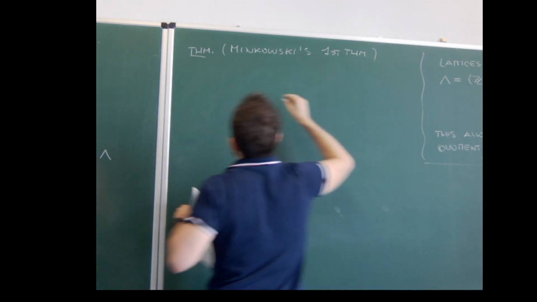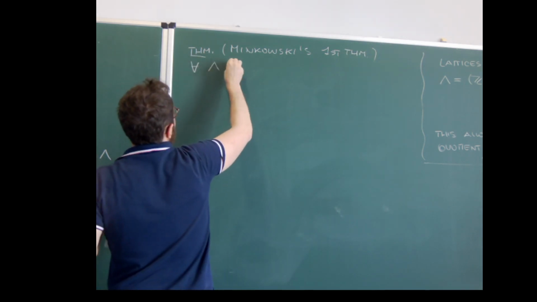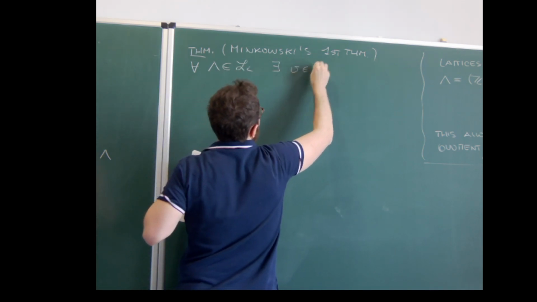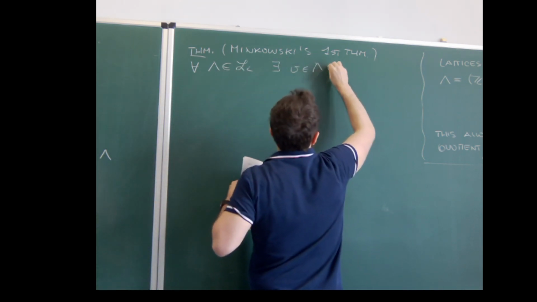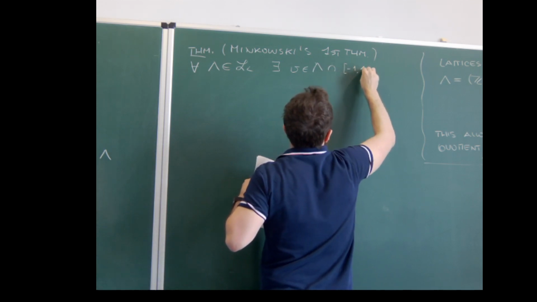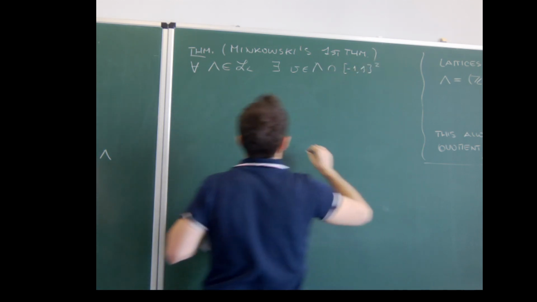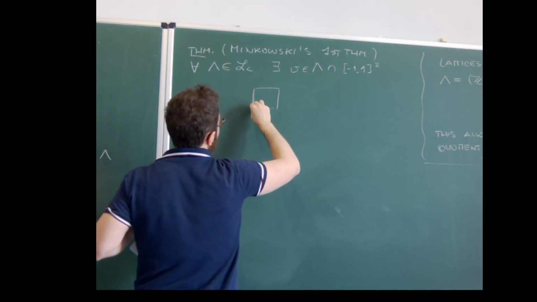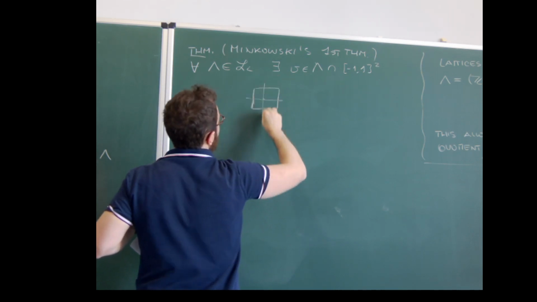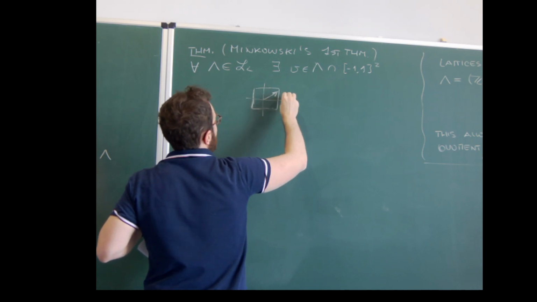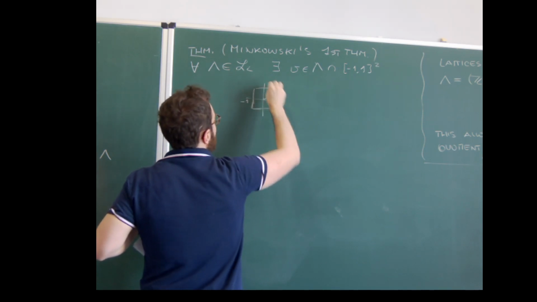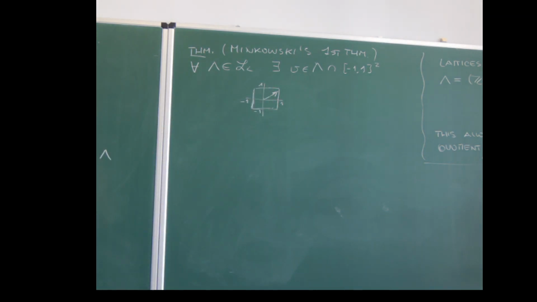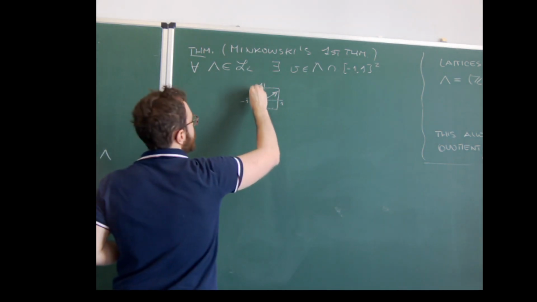It says the following. For all lambda in L2, there exists v in lambda intersect [-1,1]^2. Okay, so for any lattice that you pick of covolume 1, there will always be a vector that lies in this square with edges of length 2.